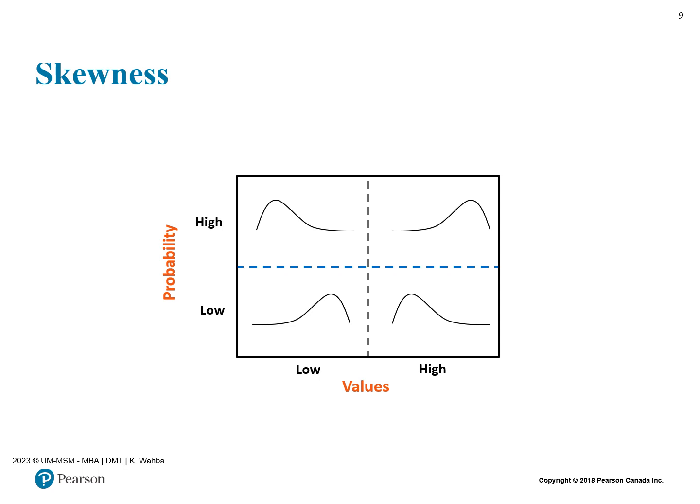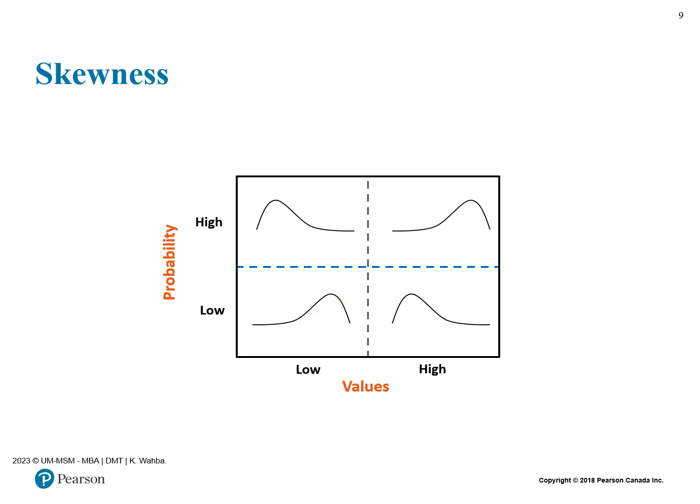When the tail is longer on the right-hand side, let me use a laser here, hopefully you can see it, the tail is on the right-hand side, so this is positive skewness. Down here the tail is on the left, so it is a negative skewness.